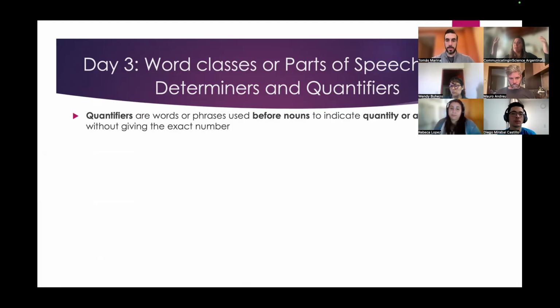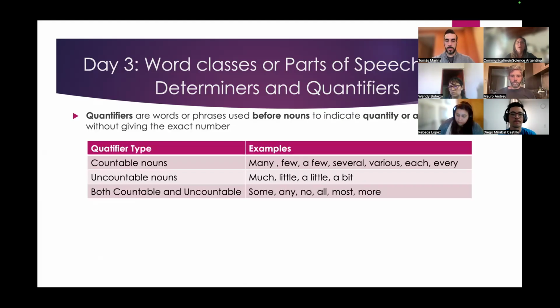So I'm giving an idea of the quantity but I'm not giving a precise number. In countable nouns like paper, we use many, few, a few, several, various. We can use each paper, every paper, meaning all of them, todos or cada uno.